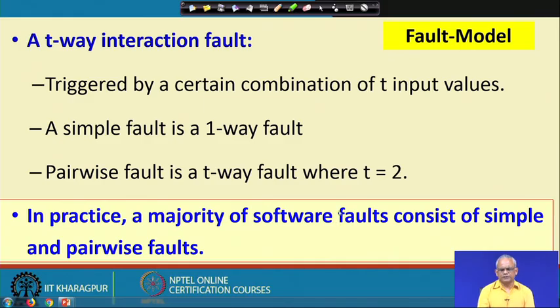Several researchers have conducted experiments and have found that the vast majority of the faults are either simple faults, where as long as that input value is taken, it fails, or pairwise faults, where when two specific combinations of inputs are taken, then the software fails.